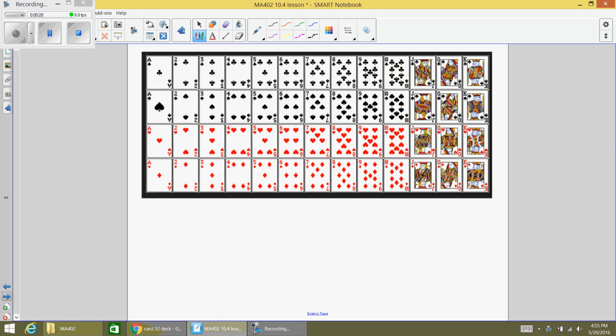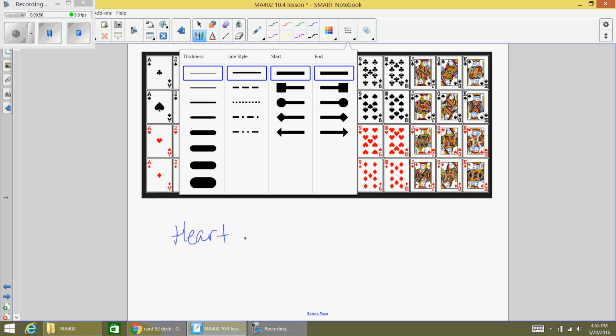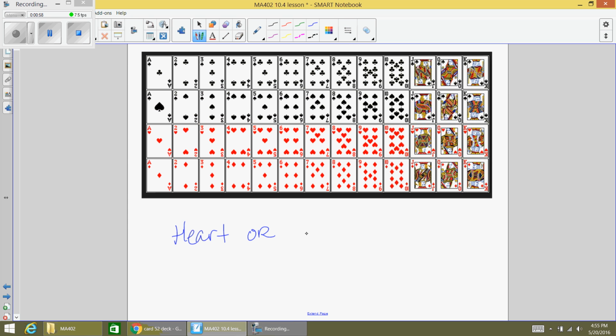Now let's talk about overlapping events and disjoint events. Basically what happens is maybe I want to pull a heart. So I might ask you what's the probability of grabbing a heart out of the deck? But then I could say something like, well, it could be a heart, or it could be a 2.